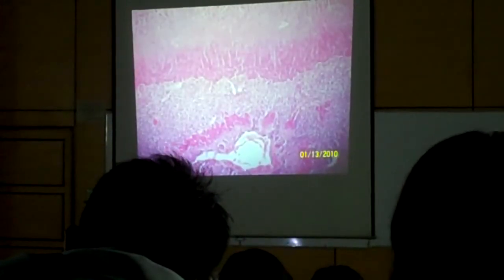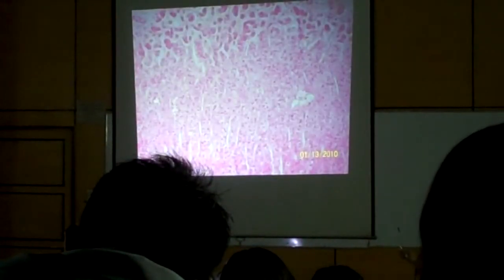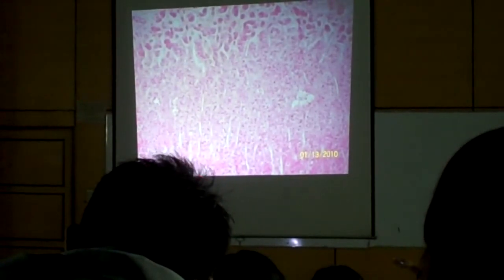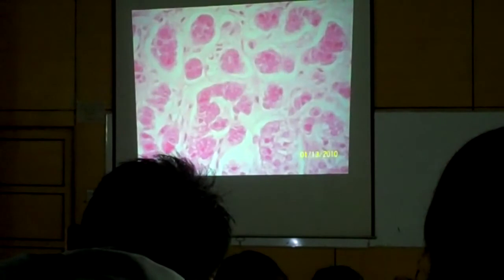Zona glomerulosa, the middle one, fasciculata, and the innermost reticularis. The central, this is the medulla. Okay, so glomerulosa, fasciculata, and here reticularis.